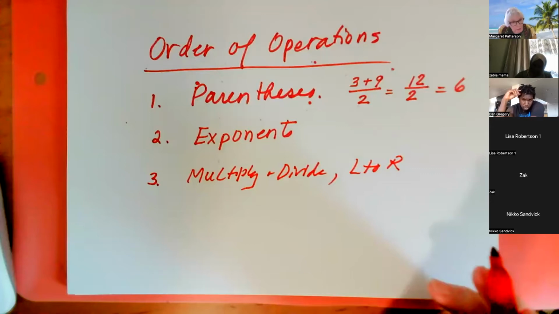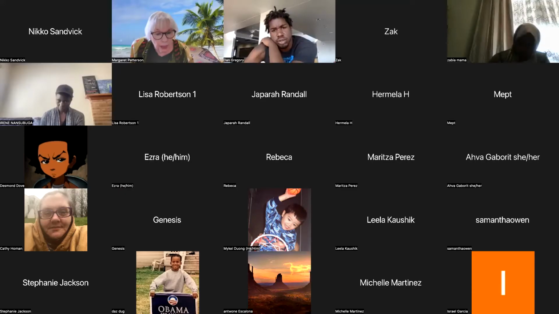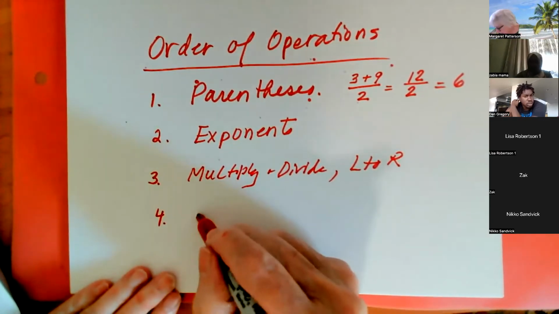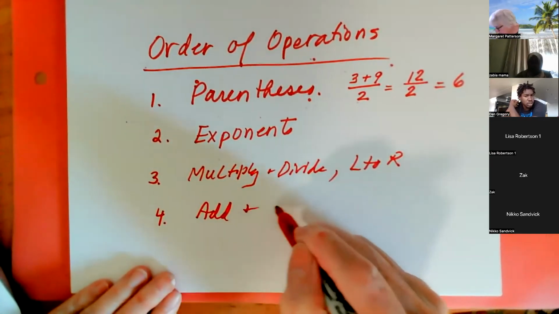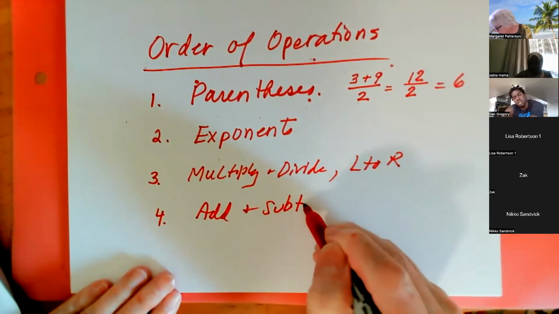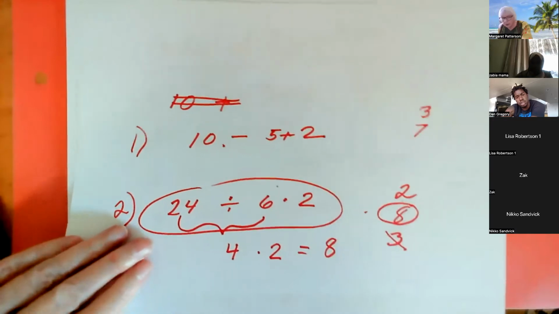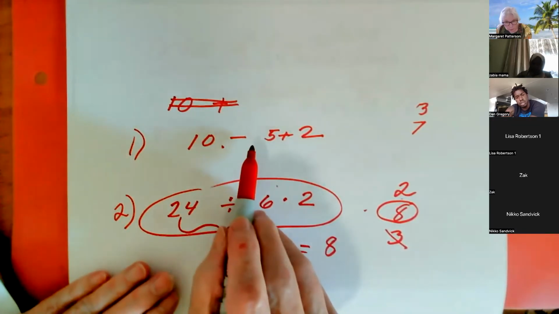So what's left? What's left is step number 4. Step number 4 is add and subtract. Guess what? And we ran into the very same problem with this first one.